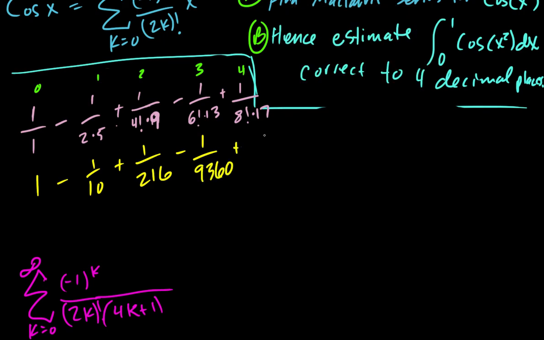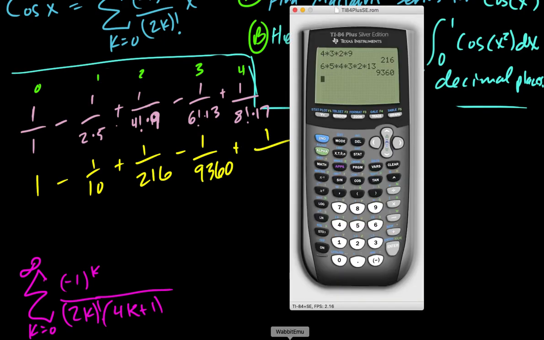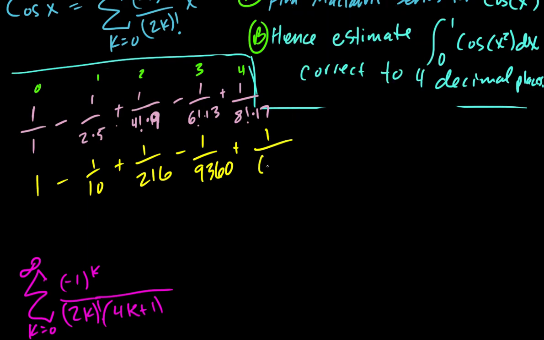That's 9360. And then 8 factorial, 8, 7, 6, 5, 4, 3, 2, 1, and then 17. Okay. That's 685440. Now with the pattern, that would be subtraction, and we would keep going.